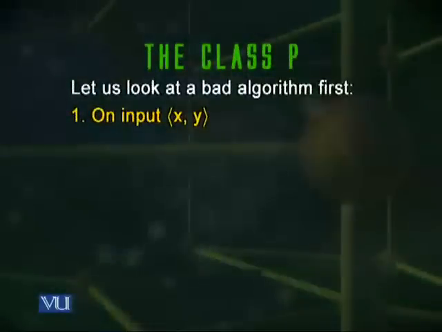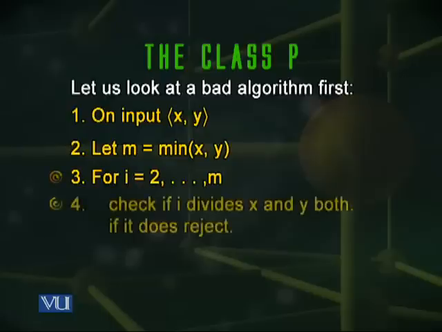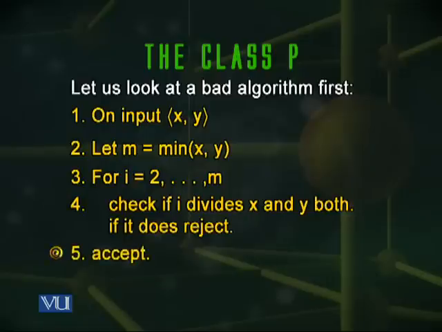This bad algorithm takes as input two numbers x and y. It then computes the minimum of x and y, which is not very hard to do. And now it runs a loop for i going from 2 to m. Check if i divides both x and y. If i divides both x and y, reject. On the other hand, if no i divides both x and y, then accept. So this is a straightforward algorithm.